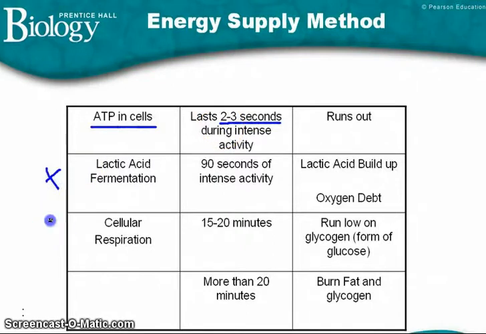At that point, your body has to use one of these 2 other methods to provide the ATP to power your running. If oxygen is present in sufficient amounts, your body will do cellular respiration.